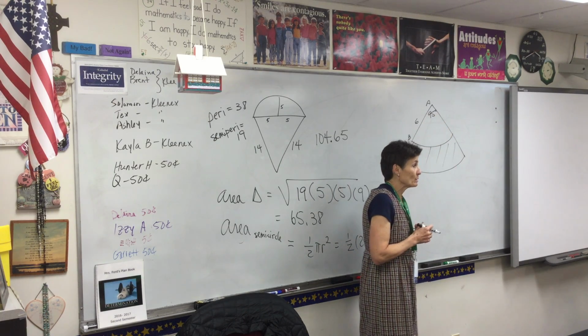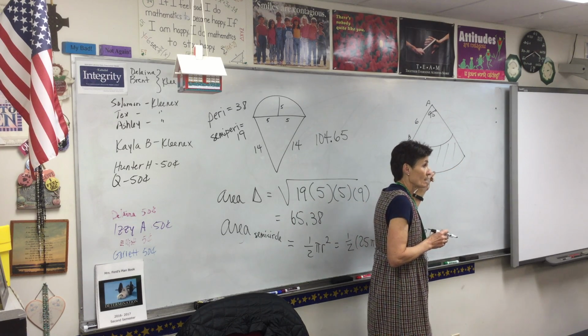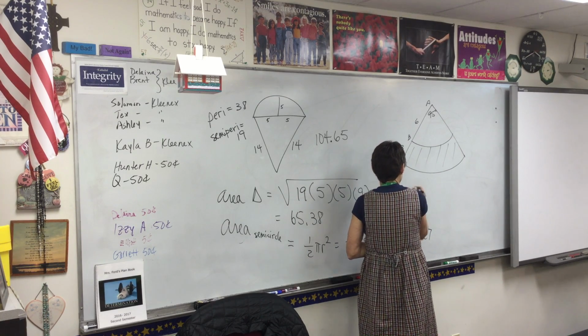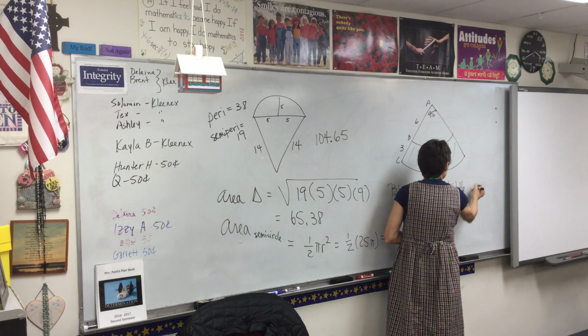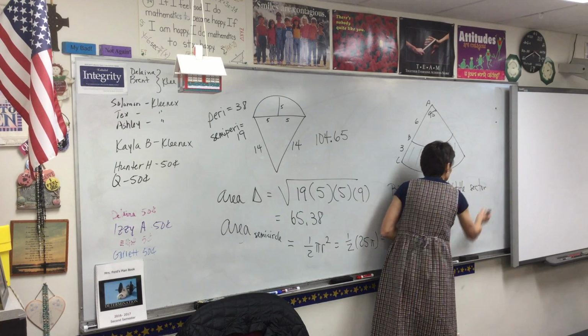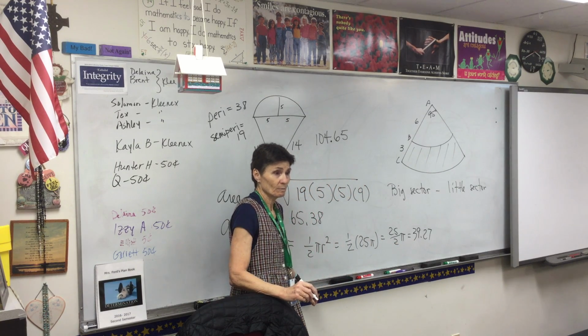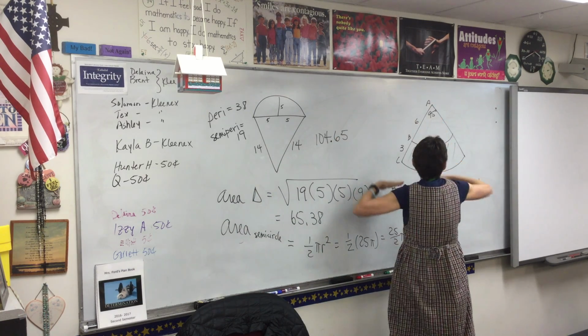And then what would happen if we subtracted them? Would we get this? So we're going to take the big sector minus the little sector. That's going to be our game plan. You with me?